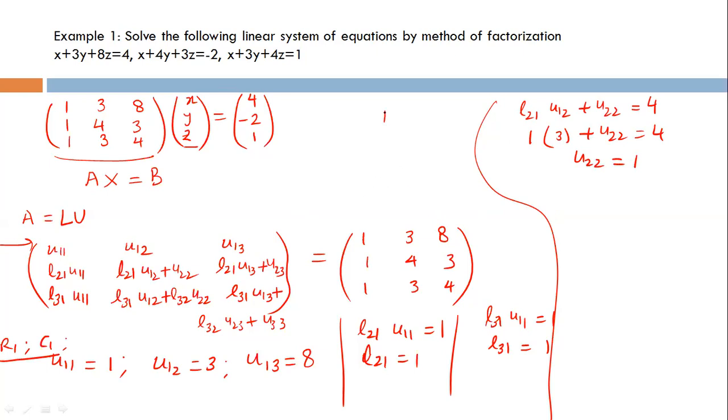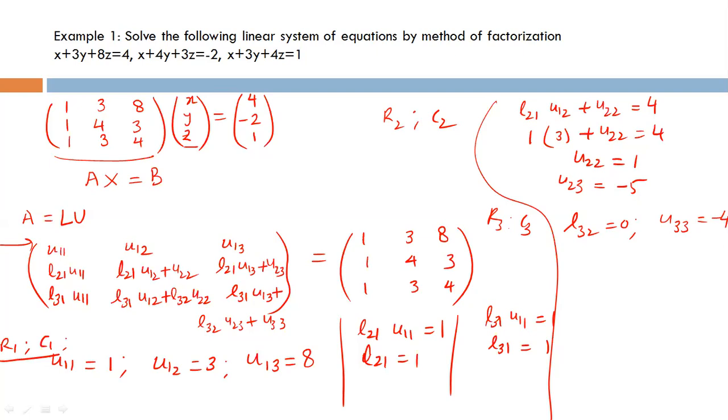Similarly, now row 2, then column 2, then you will get row 3, column 3. I am going to write all the values. You just try in your home. U23 is minus 5, L32 equal to 0 and U33 equal to minus 4. So these are the unknowns of L and U.